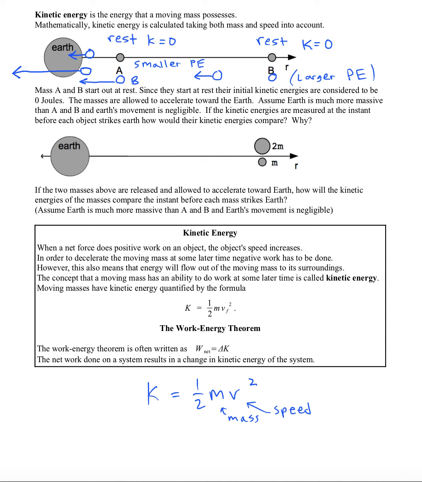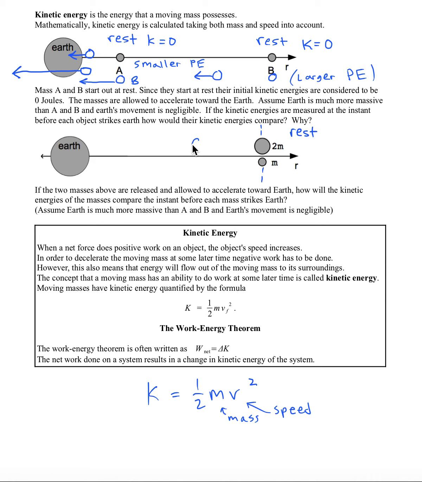Now let's check out two objects which are held from the same height above Earth, but they are different masses. As you can see, mass is part of the formula. Let's let them be at rest at the start. Now, let's assume that they're both going to be released simultaneously.